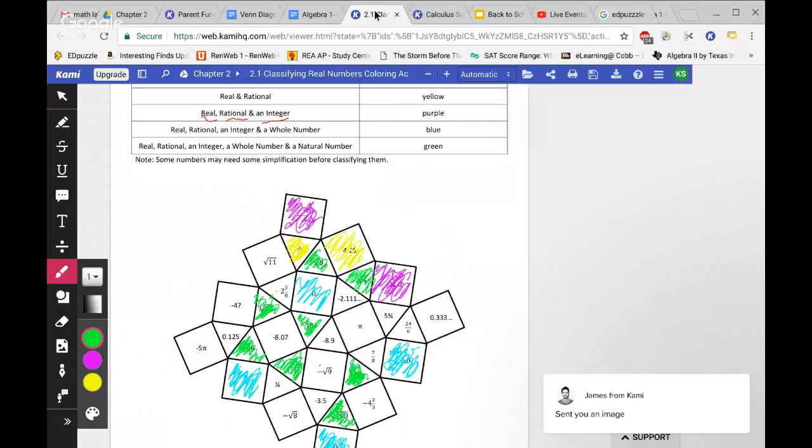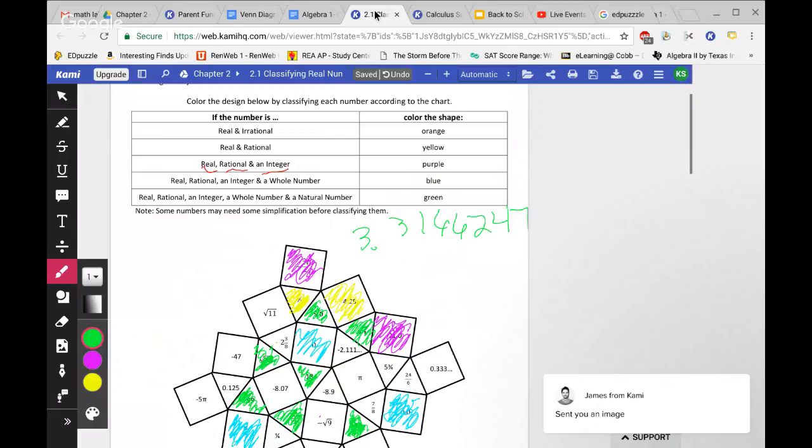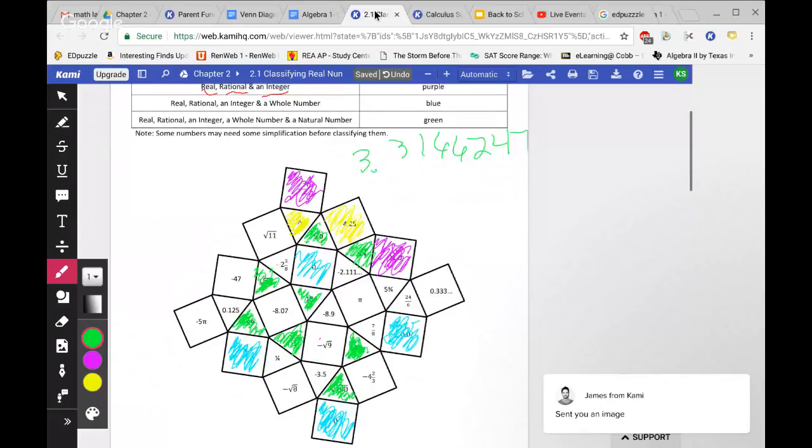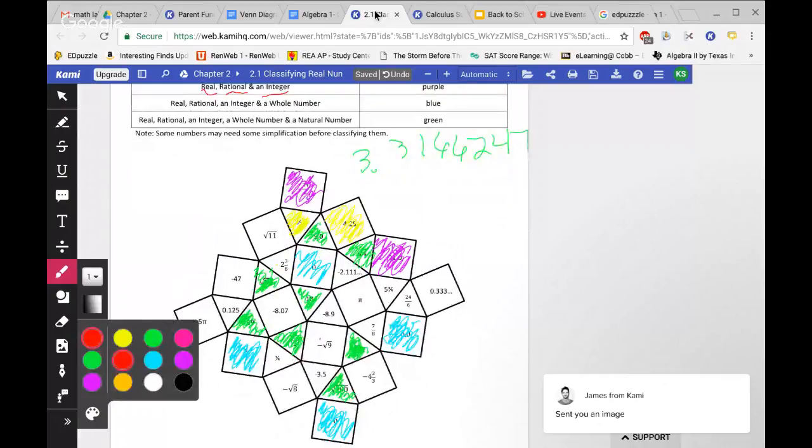The answer is 3.3166247 and goes on, never in a pattern. So it's not a repeating or terminating decimal. So that would make it irrational. So real and irrational is supposed to be orange. I don't have an orange color on mine, so I use red. Sorry about that.